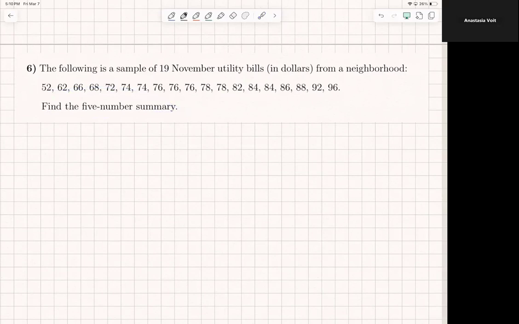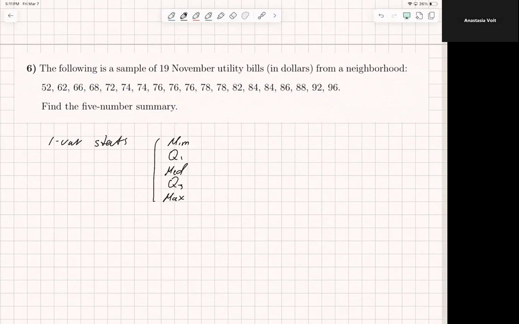The easiest way would be just to put all the data into the calculator and go to the one var stats. In this case, you can find your minimum, Q1, median, Q3, and maximum. So this is your 5-number summary.